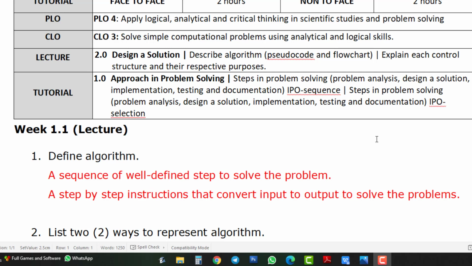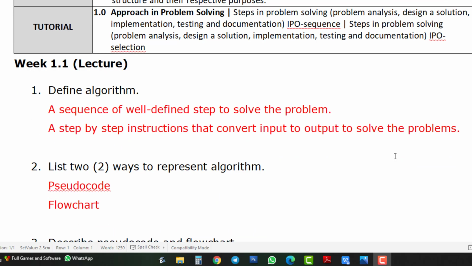You can answer in two ways. A sequence of well-defined steps to solve the problem. Or you can answer, a step-by-step instruction that converts input to output to solve the problem. This is question number 1.